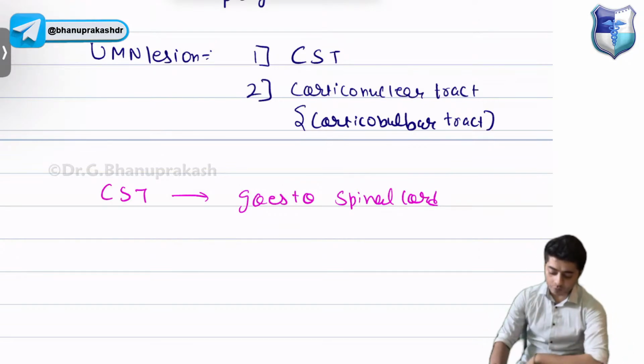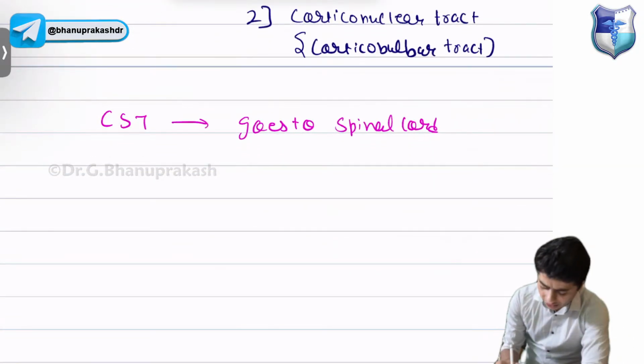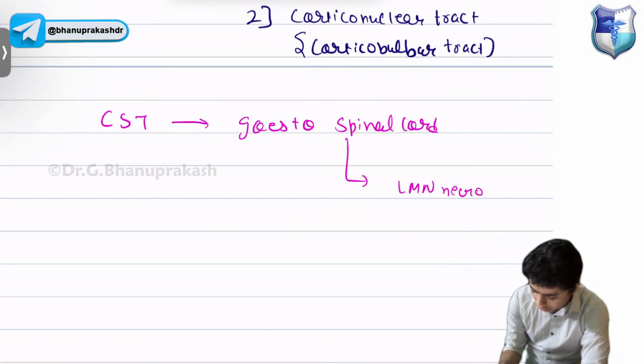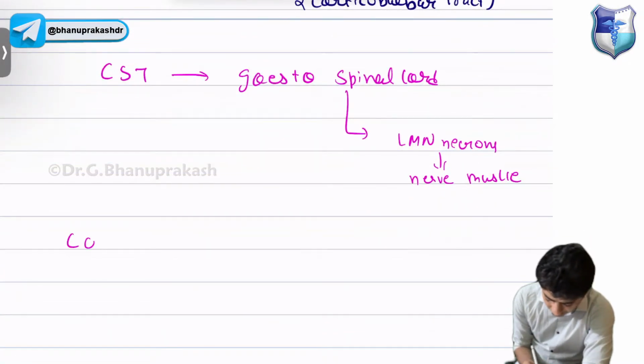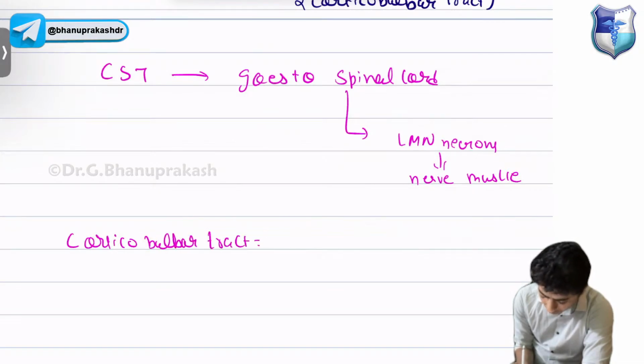Okay, Arun? So the CST goes to the spinal cord. Then, with the help of your lower motor neurons and nerves, they go to the muscle. We all know. But what about the corticobulbar tract? What is the use of the corticobulbar tract?